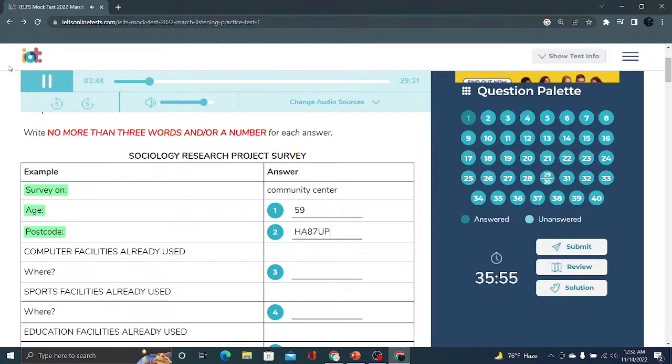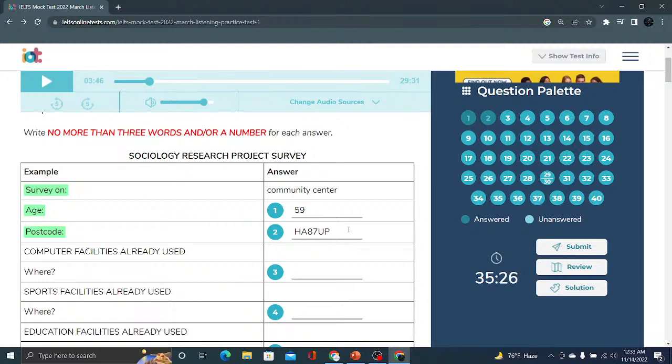I hope you got the answer, because he was repeating this once more, because the lady had misnoted it. That's why he repeated it one more time for her. Okay, so the answer would be HA87UP.